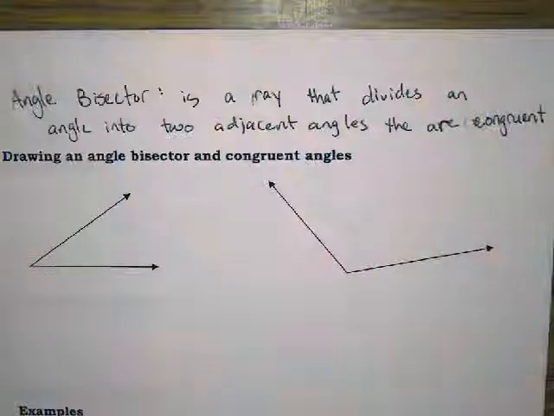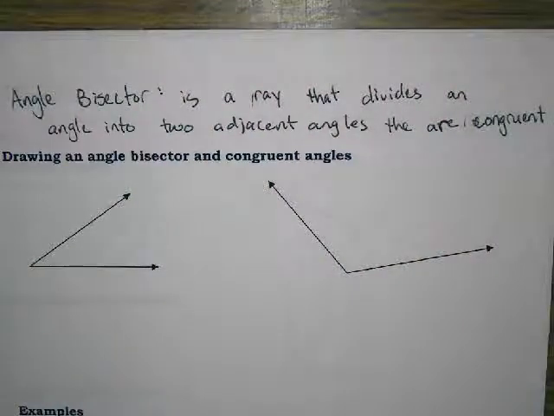Angle bisector is a ray that divides an angle into two adjacent angles that are congruent.